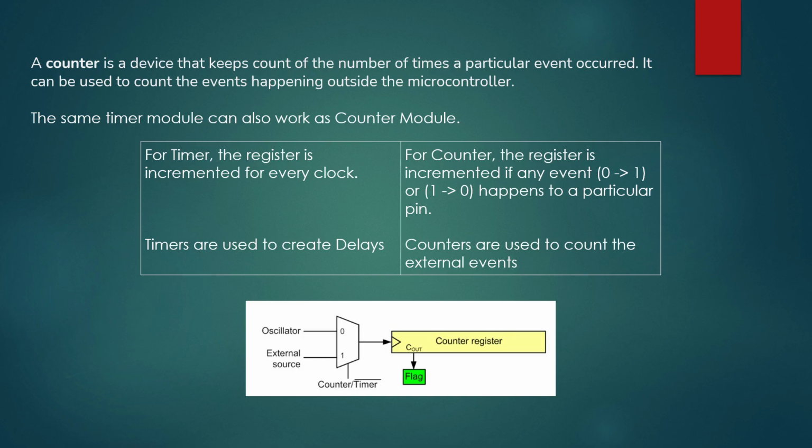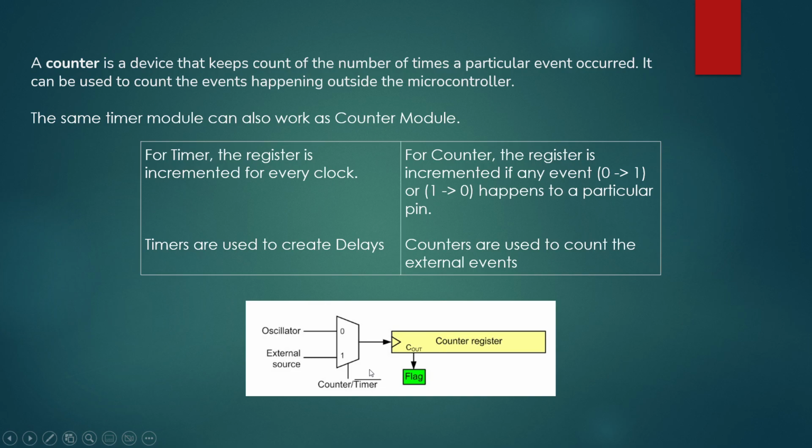In this picture, we can see the same device, the counter register, and before that we have a 2:1 multiplexer. If I give 0 to this select line, then the timer is selected. Why? Because this oscillator line goes over here, and with each and every clock, this register value is incremented or decremented.